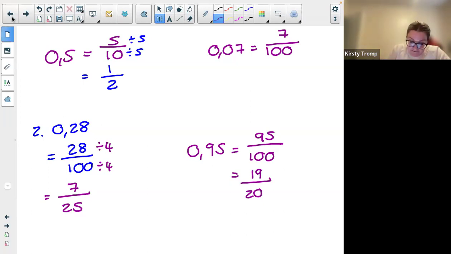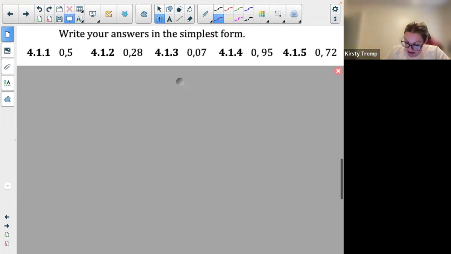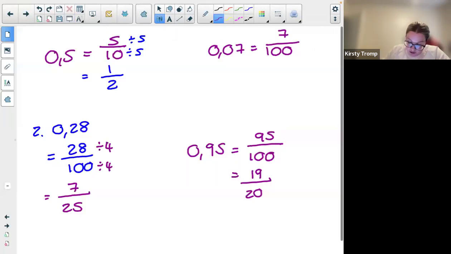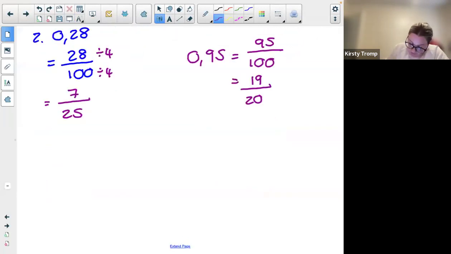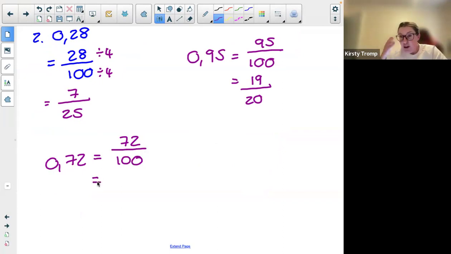And my final one on this page was 0,72. So 0,72 is the same thing as saying 72/100. And if I'm looking at 72/100, what can go into both? I could start with 2. Absolutely, Azande, I agree with you. 2 could go into both.